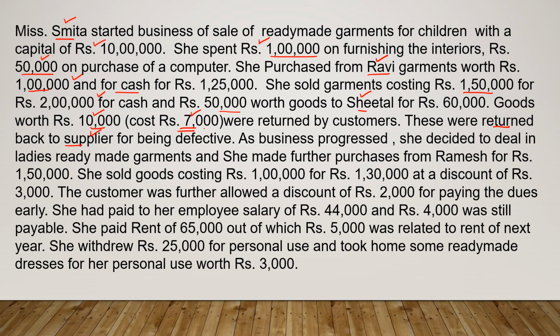Another term that is used for purchase return was return outward. And finally, we also understood the term goods. That is, these ready-made garments which are purchased for being resold at a profit, those physical items that she is dealing with in the business are termed as goods in a business.